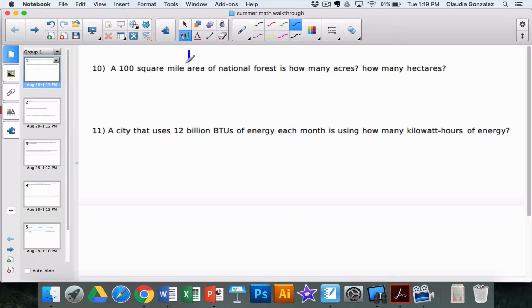So I know area, if you remember it from math, area is this side times this side, so it's 100 square miles, which they've already given me the area. So I'm going to write miles, mi squared, okay? Is how many acres and how many hectares.